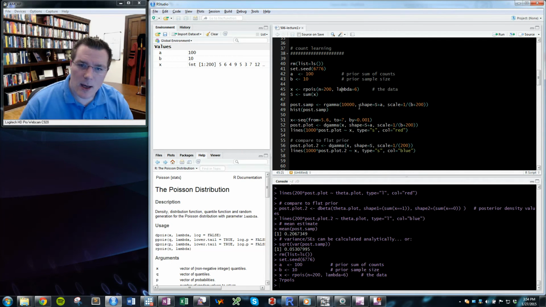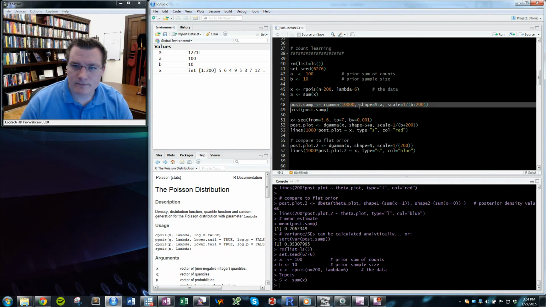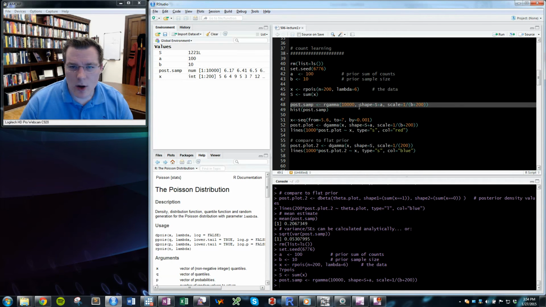So S is the sum of all counts inside my 200 observations. It's a big number. And I'm going to draw a bunch of observations out of the gamma density, which is the form of the posterior, as I showed it to you a moment ago.